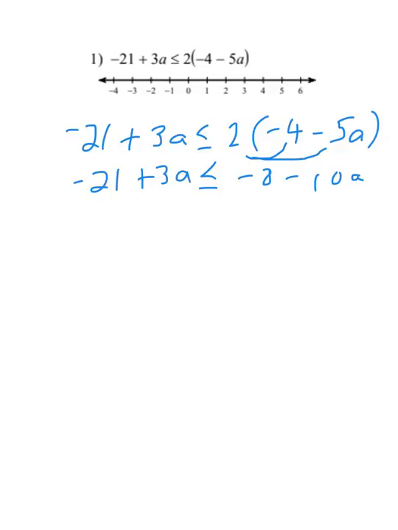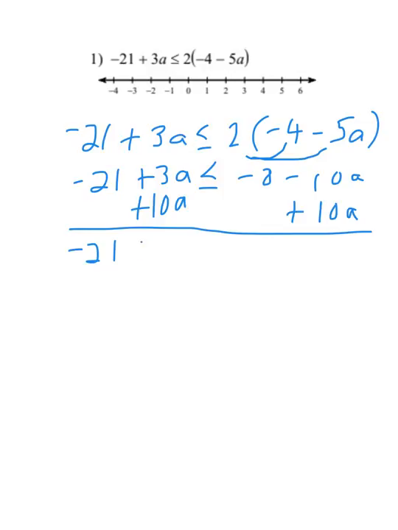I think that I will add 10a to both sides. And the result is negative 21 plus 13a is less than or equal to negative 8, and then this much here is 0.